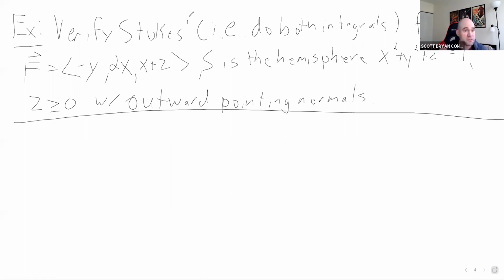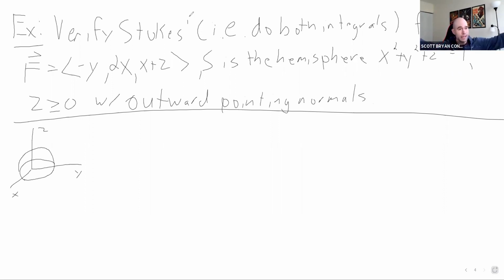Okay. So first thing, it's very good for these to draw a sketch. It really helps to visualize and to get the orientation right. So we have our sphere of radius 1. We're looking at the top half, and we're going to orient this so that, if we had the entire sphere, so if you have a closed surface, there are two orientations.